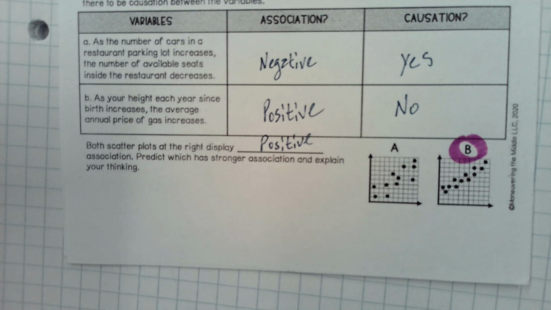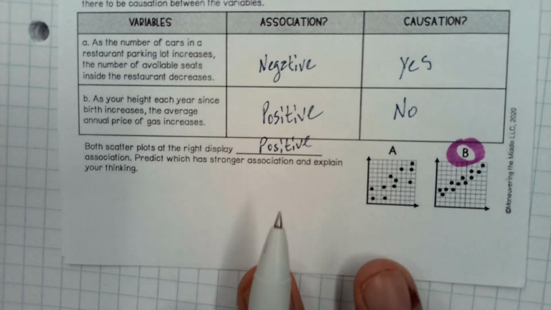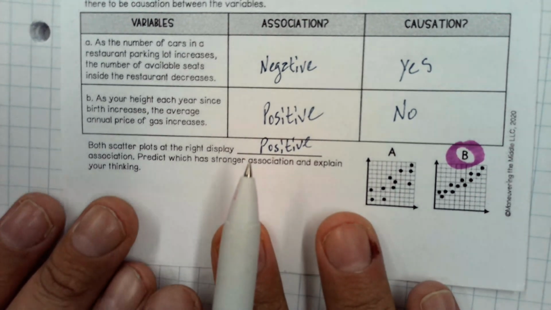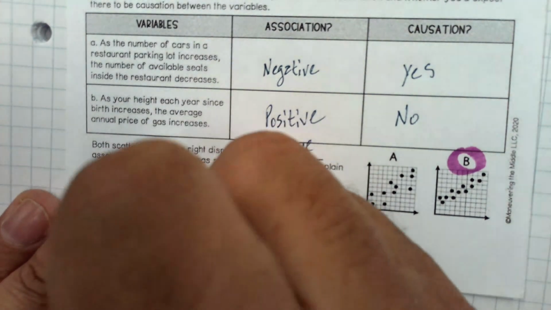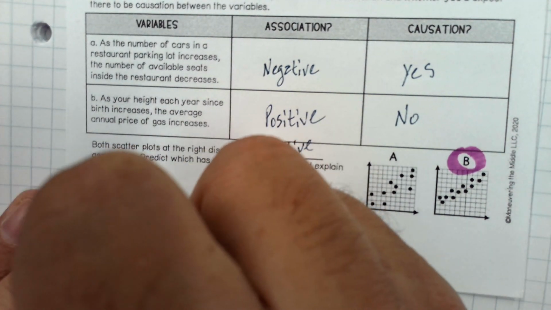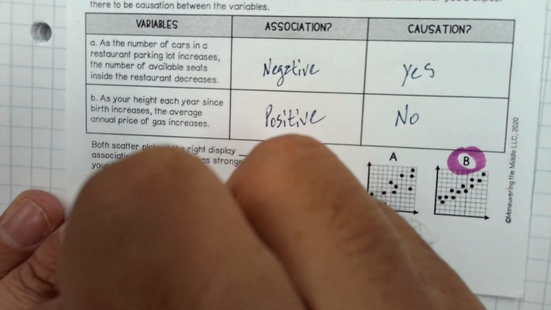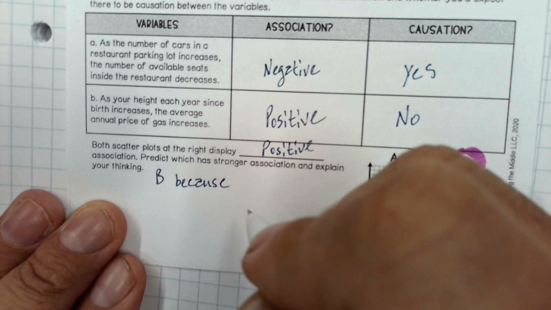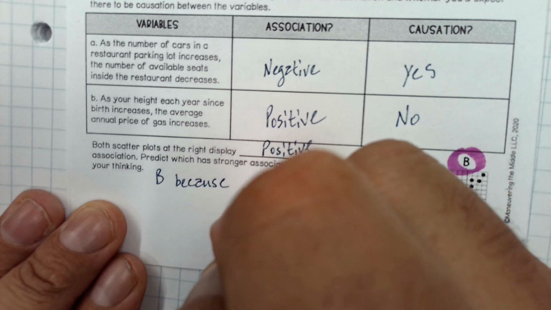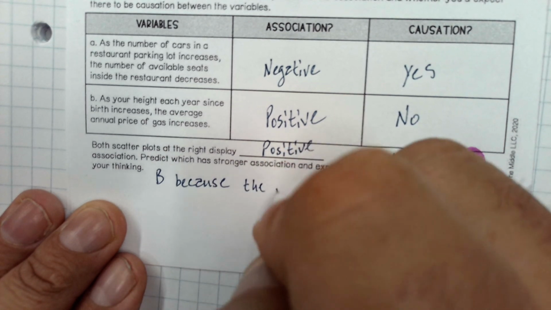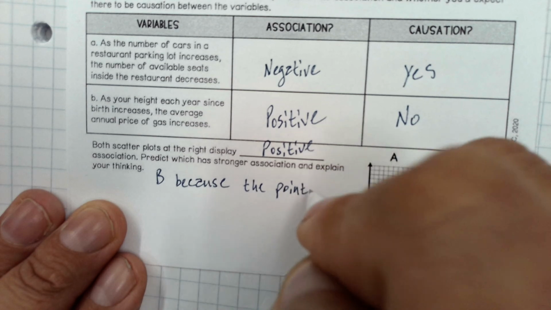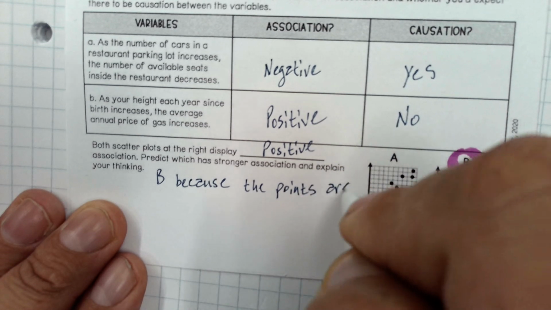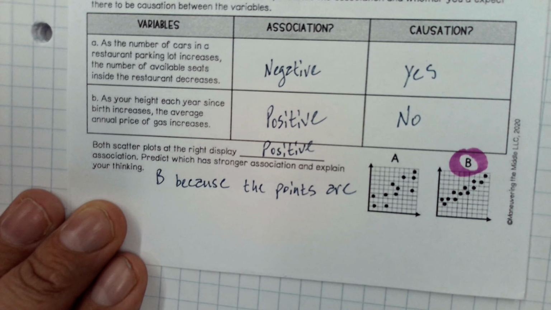So answer however you like here. You could use the word concentrated, thanks Brandon, or however you like. It's basically something like this. B because the points are closer together, more concentrated.